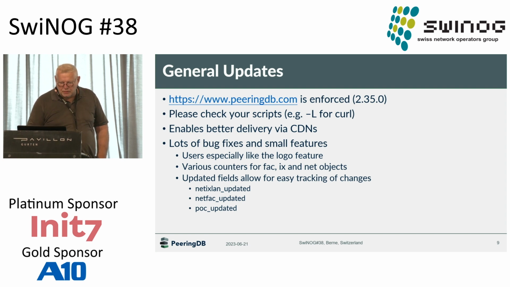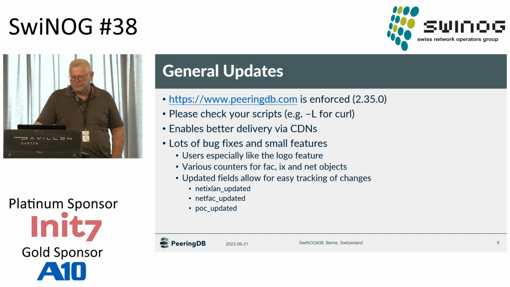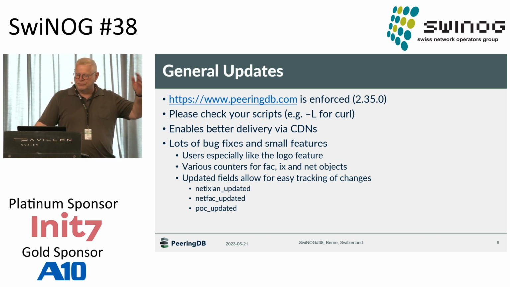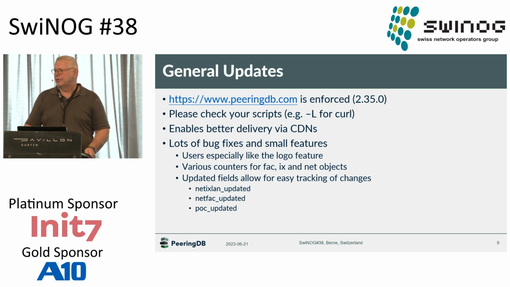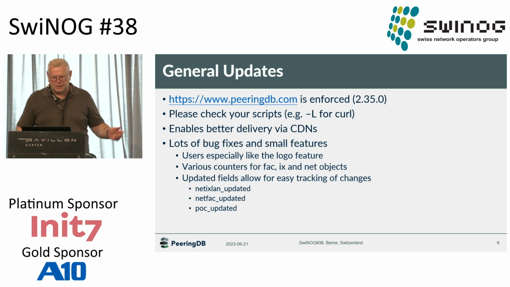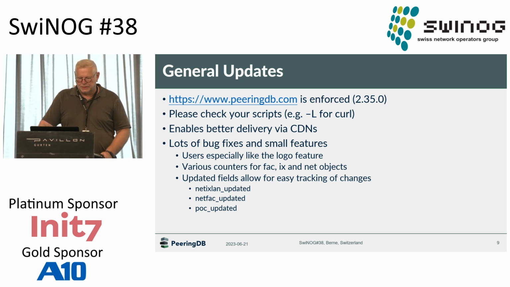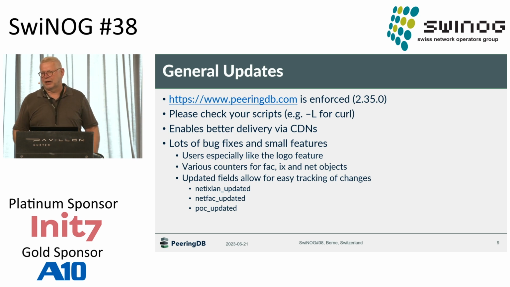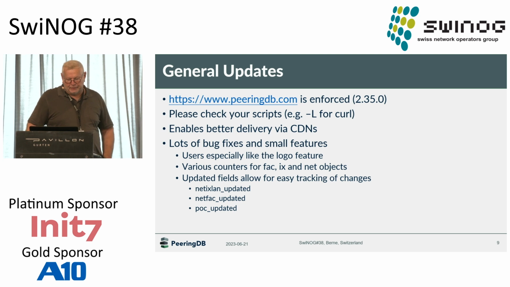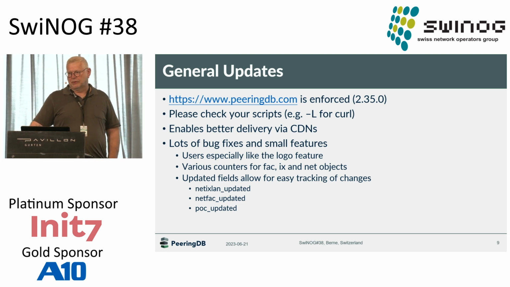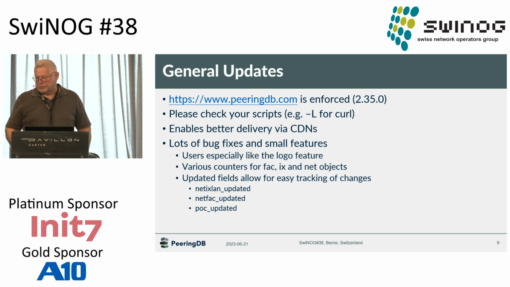I guess we added a lot of bug fixes and nice fields. For example, you now can see when an organization or network last updated their connections to an internet exchange point, updated or added last time, or updated their presences at facilities, and also updated their points of contact.